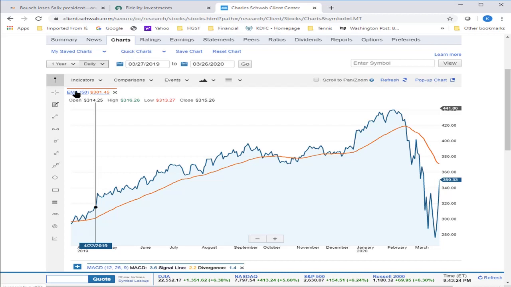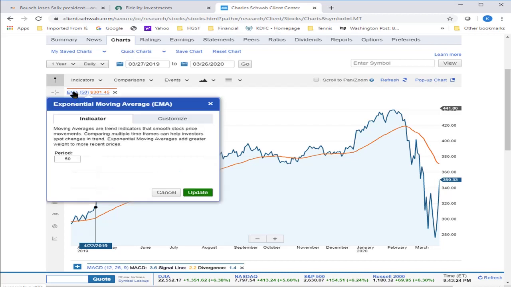If you highlight this and select it, it'll explain exactly what it is. It's a moving average or trend indicator that smooths stock price movement. Comparing multiple time frames can help investors spot changes in trend. Exponential moving average adds greater weight to the most recent price.